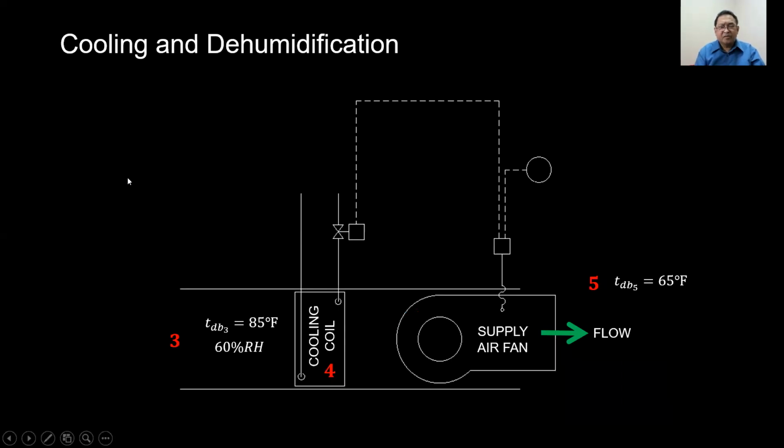So now let's take up cooling and dehumidification. Supposing you have air here at point 3 with 85 degrees Fahrenheit dry bulb and 60% RH, and you need to cool it down, and you have a cooling coil here at point 4, and we desire at point 5 a dry bulb temperature of 65 Fahrenheit. So what happens?